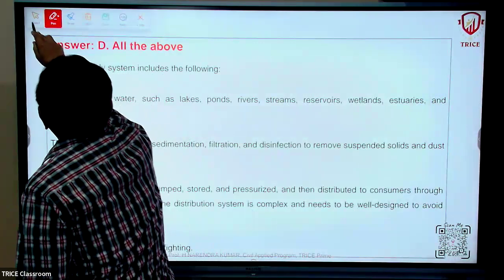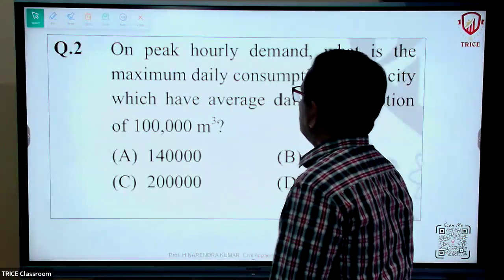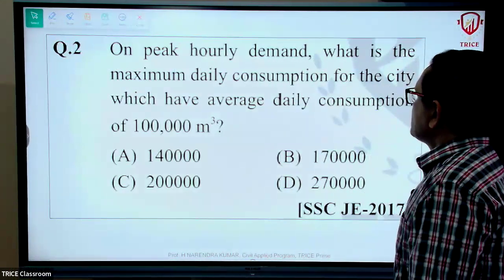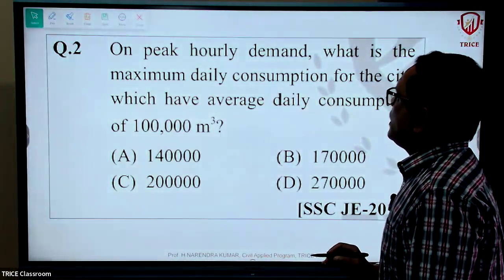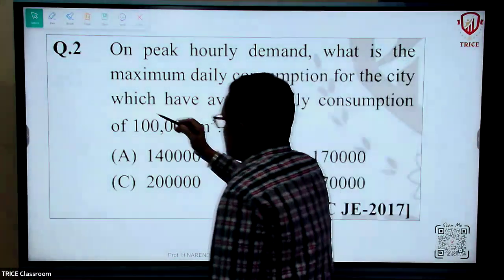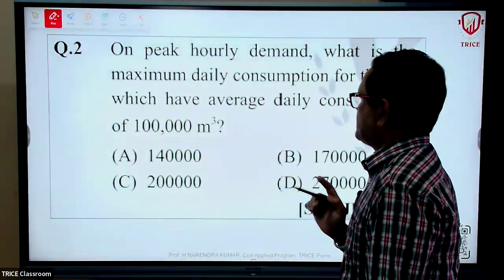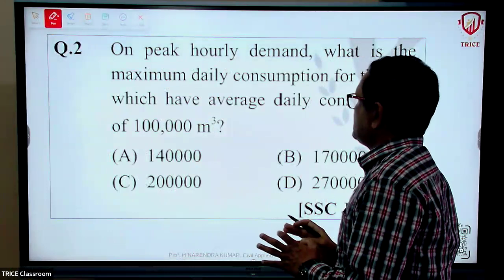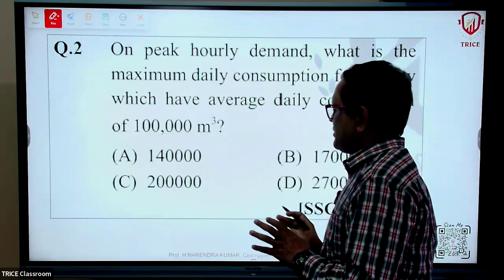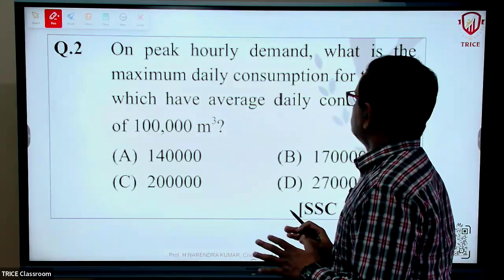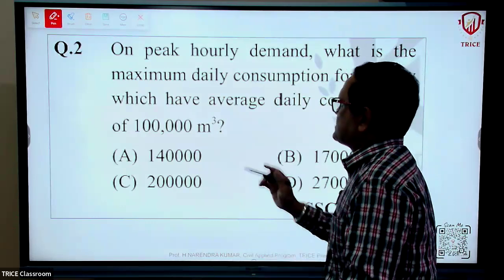Okay, so let me take up the second question. So this is related to the demand. On peak hourly demand, okay, please read the question 2 times, always, even in the examination. We need to understand the question properly, even though the time limit is very short. Read it twice.